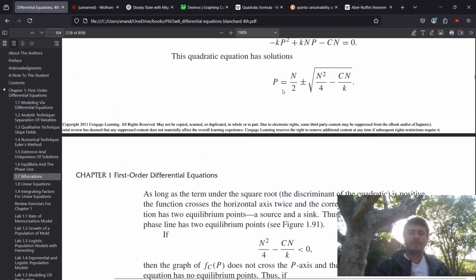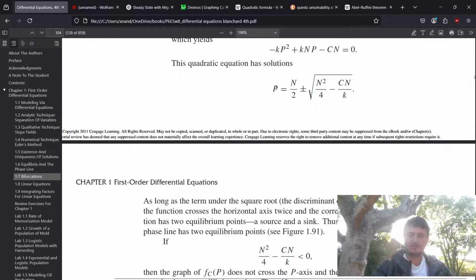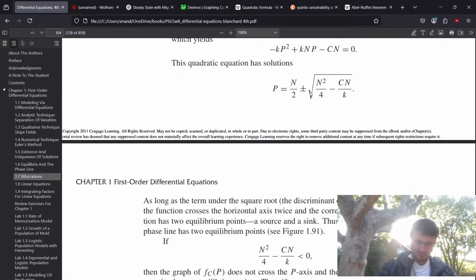All right, so they apply the quadratic formula to this logistic model with harvesting. Okay, so let's just take the stuff inside the square root.